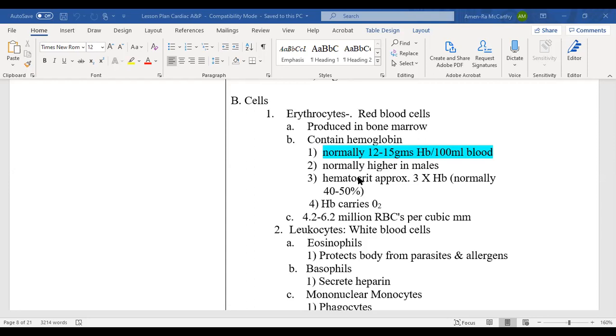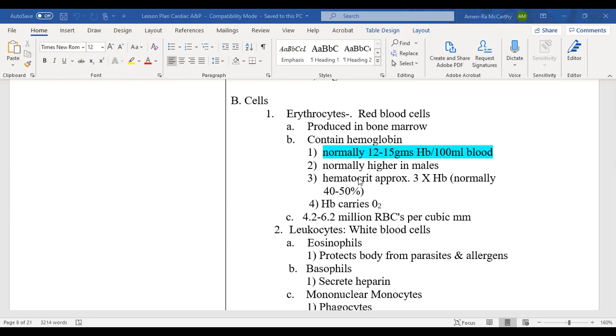So if I told you Mr. Johnson has a hemoglobin of 15, then what's his hematocrit? 15 times 3, okay? If Mr. Johnson has a hemoglobin of 12, what's his hematocrit? Which is what? 36.